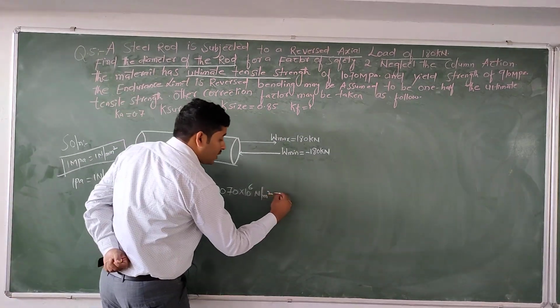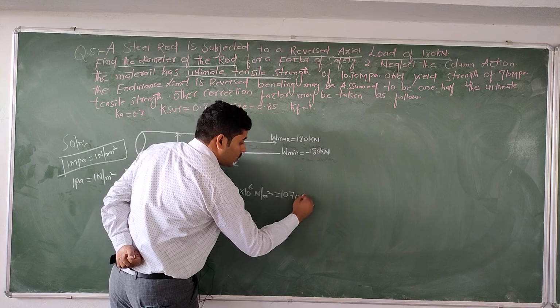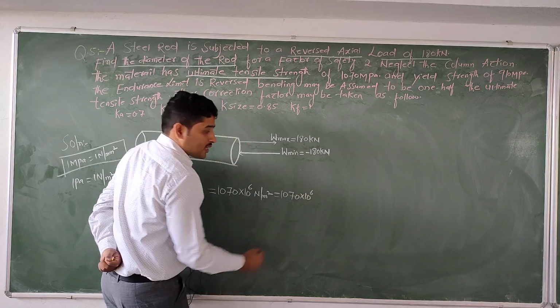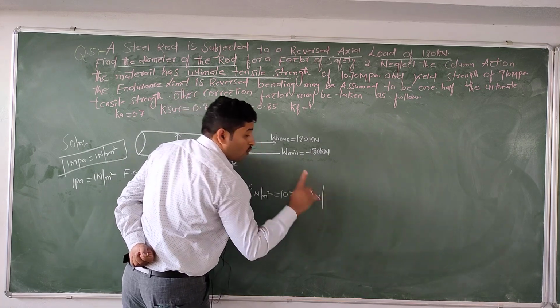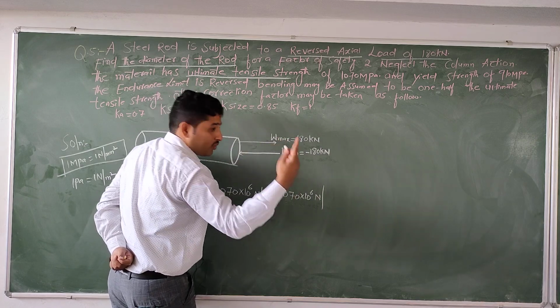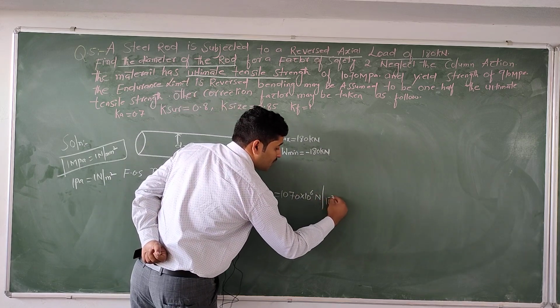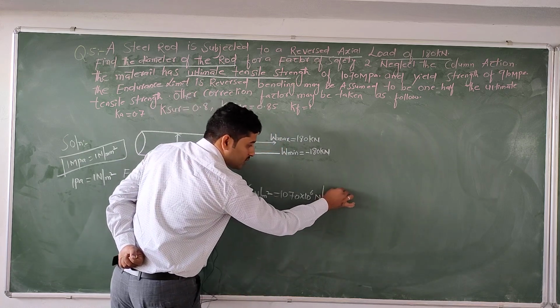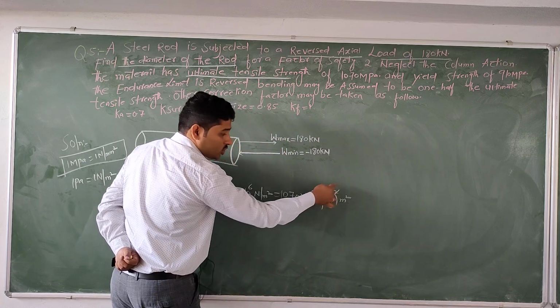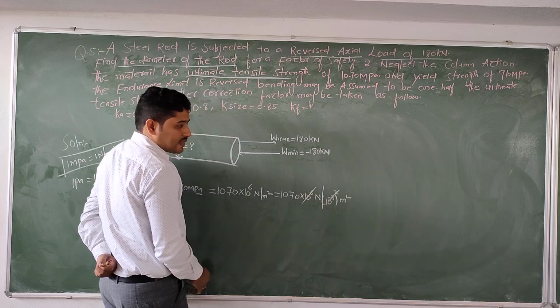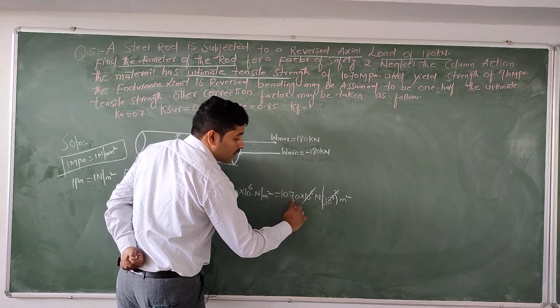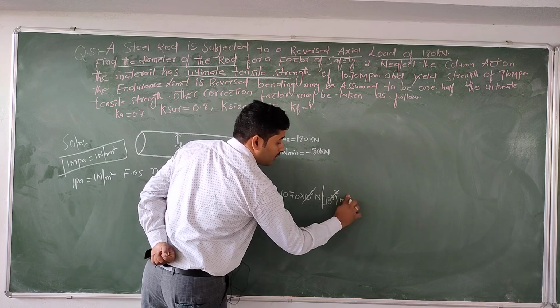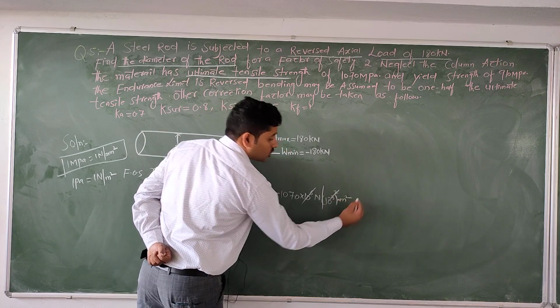Then 1070 into 10 power of 6 Newton by 1 milli means 10 power of minus 3 whole square meter square. Is it right? And this is 10 power of 3 whole square, and 10 power of 6 cancel. The remaining is 1070 Newton per millimeter square. Is it right?